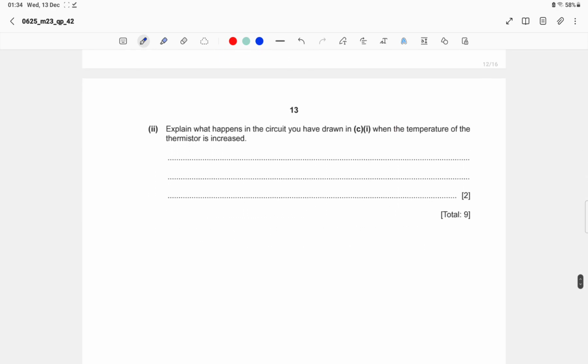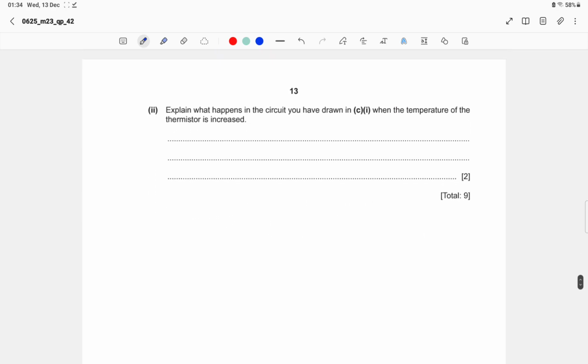Explain what happens in the circuit you have drawn in C1 when the temperature of the thermistor is increased. So when the temperature is going to increase, the resistance will decrease, and obviously the resistance of the circuit is also going to decrease.